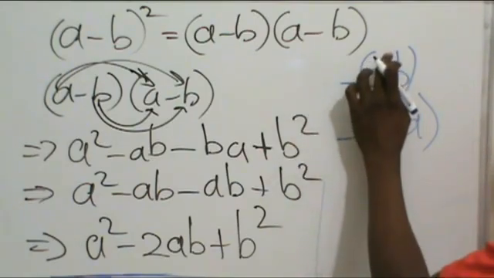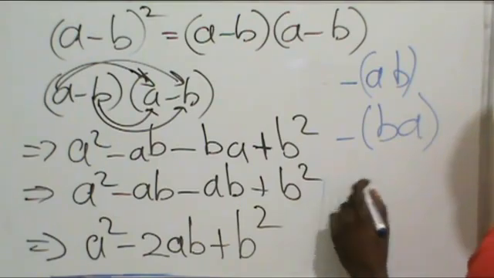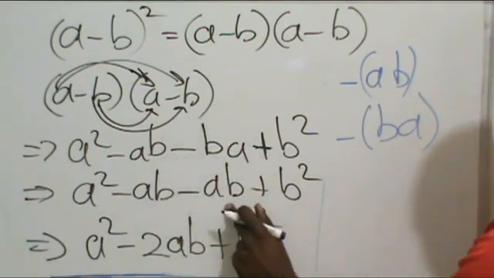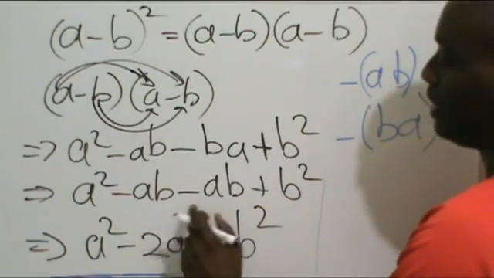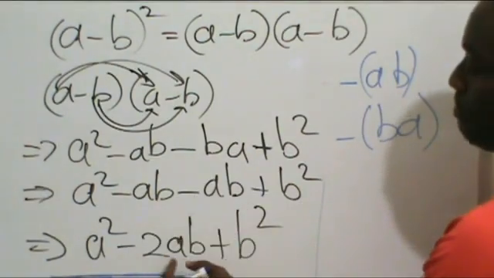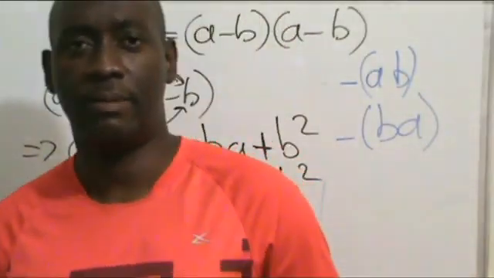And if we establish that ab is the same as ba, then we can write minus ba as minus ab, which is what we did to move from here to here. Writing this as minus ab will allow us now to say that minus ab minus ab is minus 2ab. Remember your number sign, remember your directed numbers.